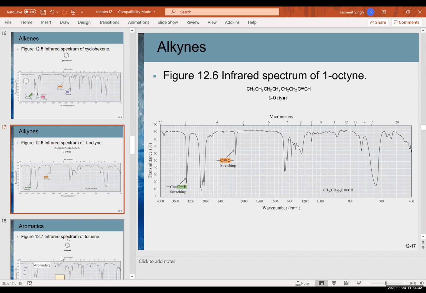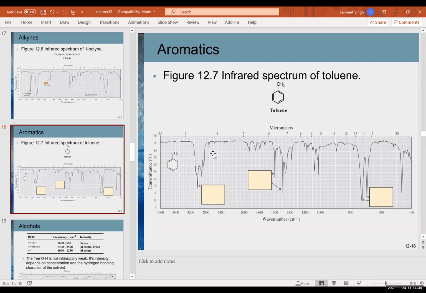Okay. Let's go now to aromatics. Now, aromatic hydrocarbons are a little bit different. Again, there are three characteristic peaks. So this is a spectrum from toluene.